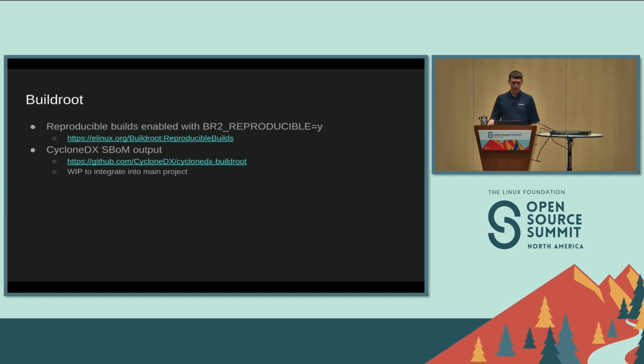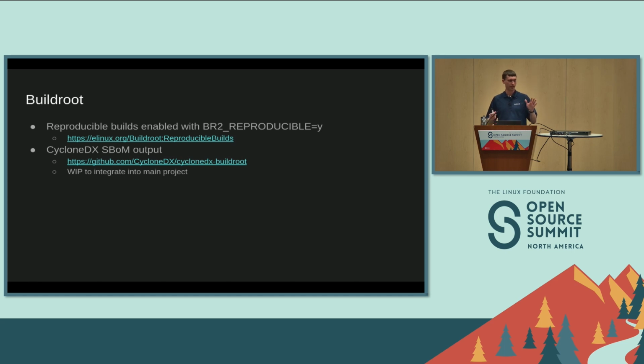I did look up BuildRoot too, and they have this BR2 reproducible flag, so that's awesome. Having support for reproducible builds is great. And I did link to the wiki page there that describes it in a little more detail. And they have a tool that will output CycloneDX SBoM output, and I believe they output an intermediate file, and then this converts it to CycloneDX or something along those lines.